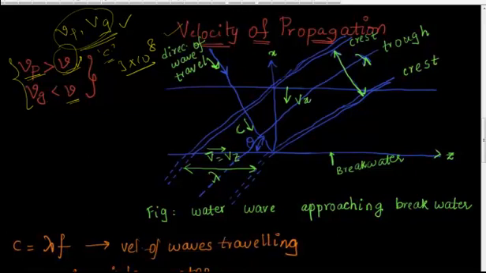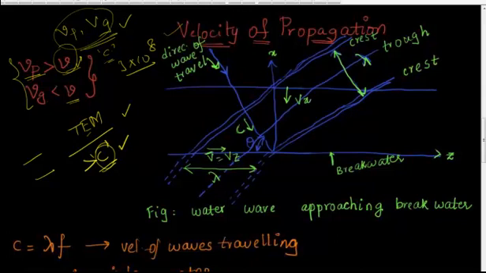Now, except for the TEM wave, the velocity with which an electromagnetic wave propagates in an air dielectric between a pair of parallel planes is always greater than c. That c is the free space velocity of electromagnetic waves.